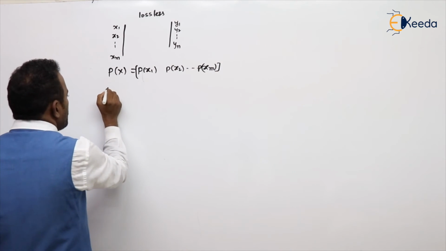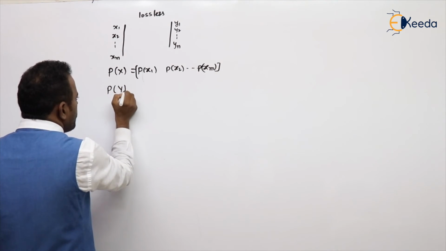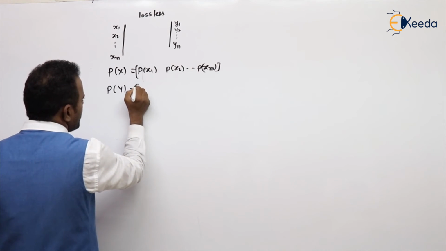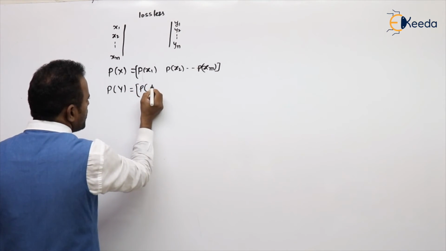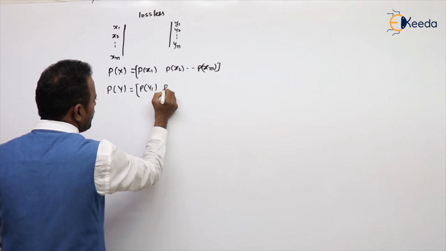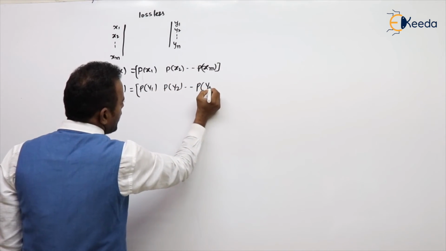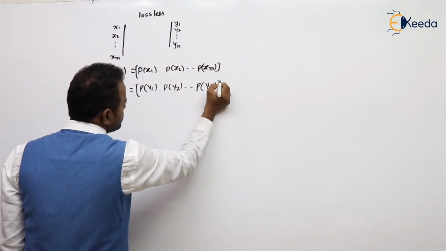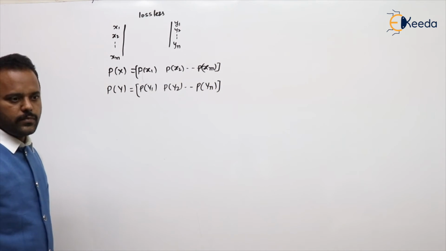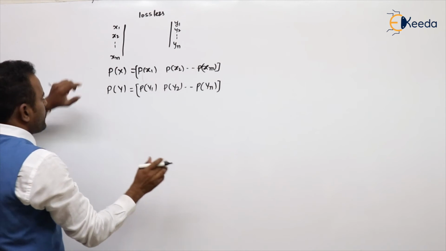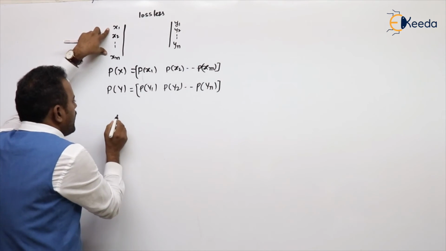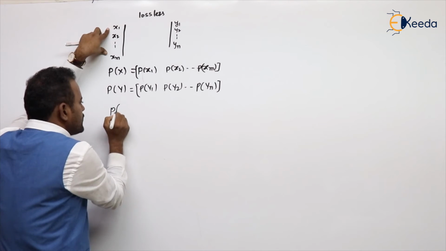Now follow. What is the probability of y? Y is also an output matrix, that is y1, y2 and so on, yn. Getting my point?